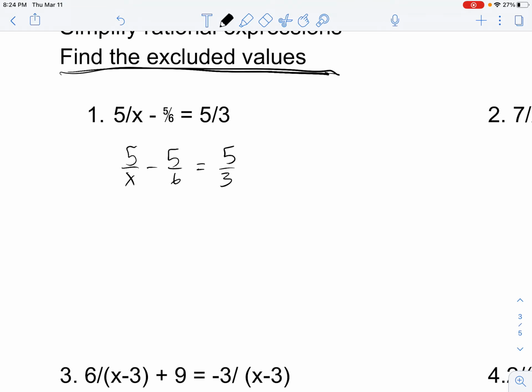So we have to look at this x value over here. Now, remember, 5 over 0, or any number over 0, is undefined. Since it is not possible, you can't divide by nothing. Since that is the case, your excluded value would just be 0.